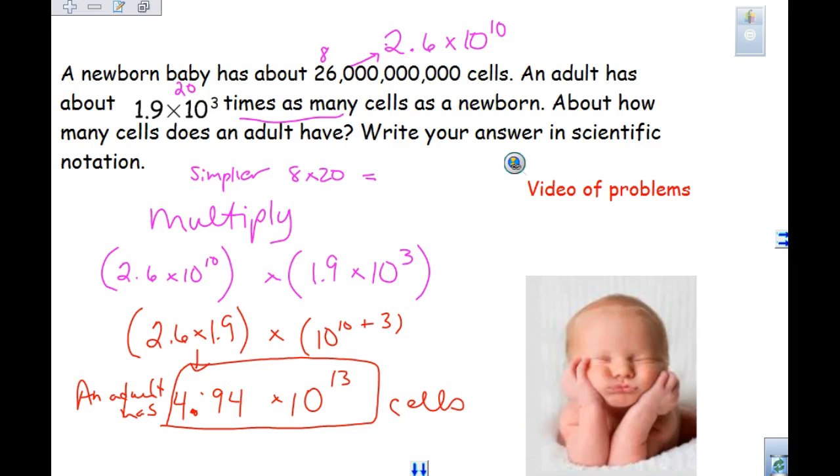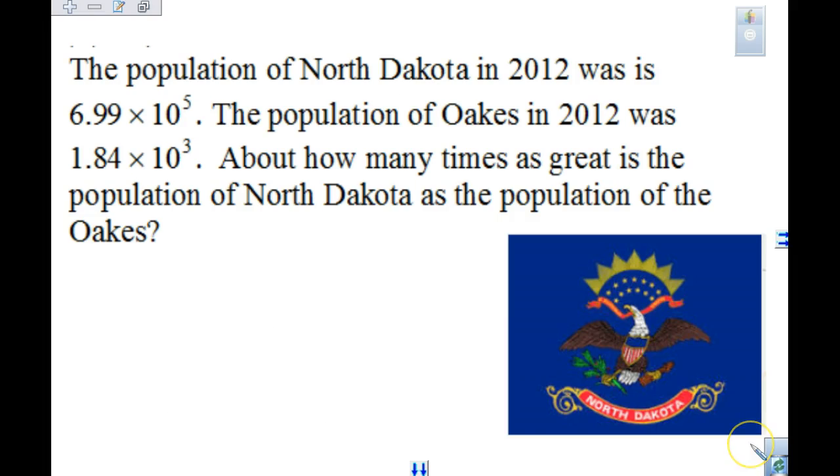Okay. So when you see that video as you're looking at it, let's take a look at the next part. This is the population again. We're looking just at application problems. The population of North Dakota back in 2012 was 6.99 times 10 to the 5th. The population of Oaks is a small town, right?